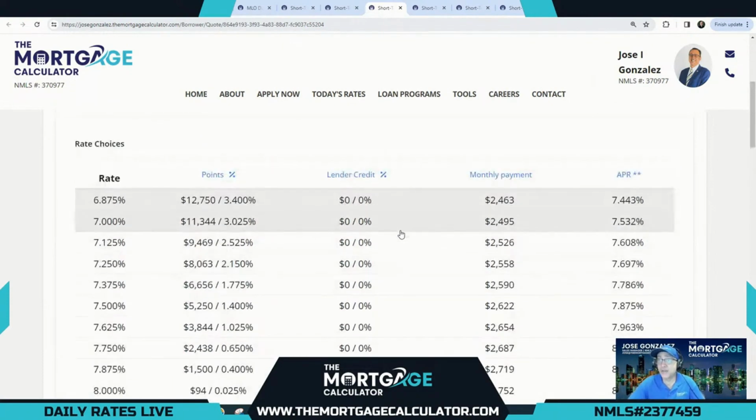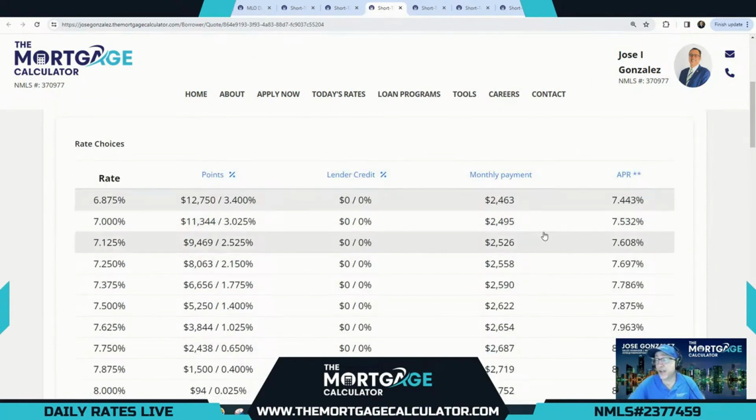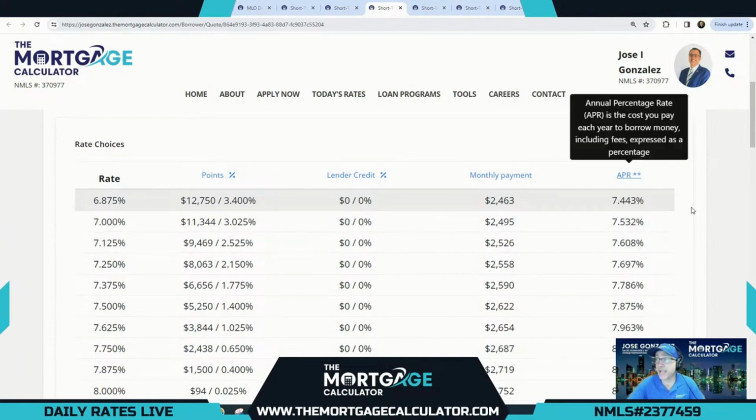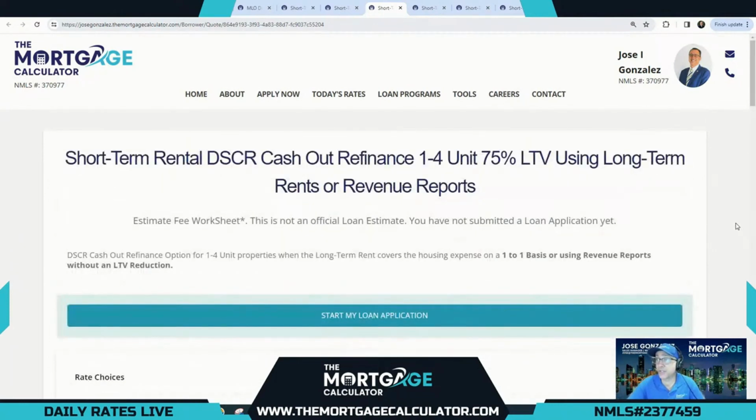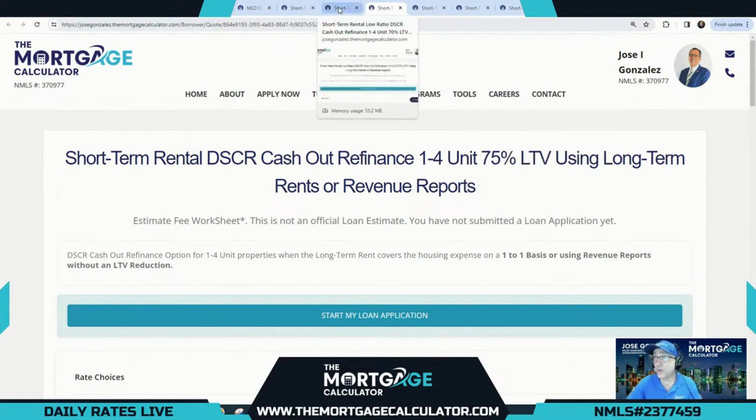And you can buy that down all the way to 6.875. Wow. For our cash out, 75% LTV for our short-term rental property using long-term rents or also using revenue reports, short-term rental revenue reports.